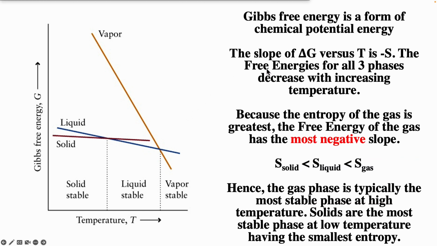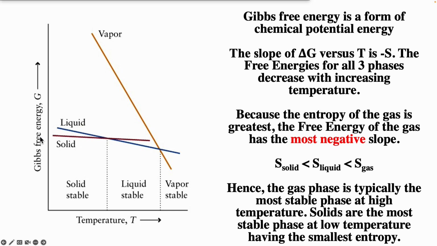Now, the slope of G versus T is equal to the negative of the entropy. And so entropy is always positive for solids, liquids and gases. And so that's why these slopes are always negative. Now, because the gas has the largest entropy, it's going to have the most negative slope.